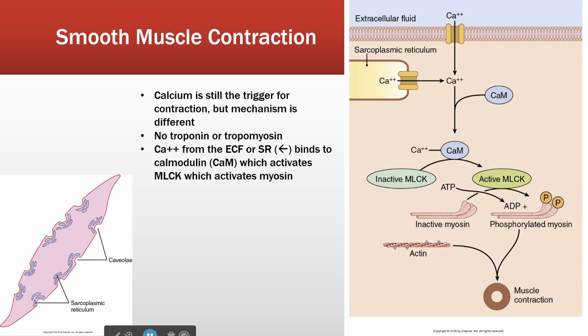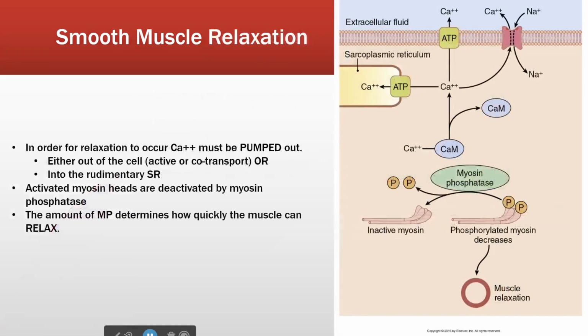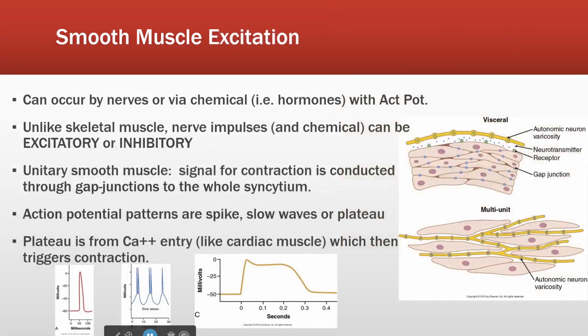If it has just a little calcium that enters, it's going to contract less strongly. So where skeletal muscle has sort of an on or off mentality, smooth muscle has more of a dial it up, dial it down kind of a thing because of how the systems are different. Still calcium, and remember calmodulin kind of plays the same role as troponin does.